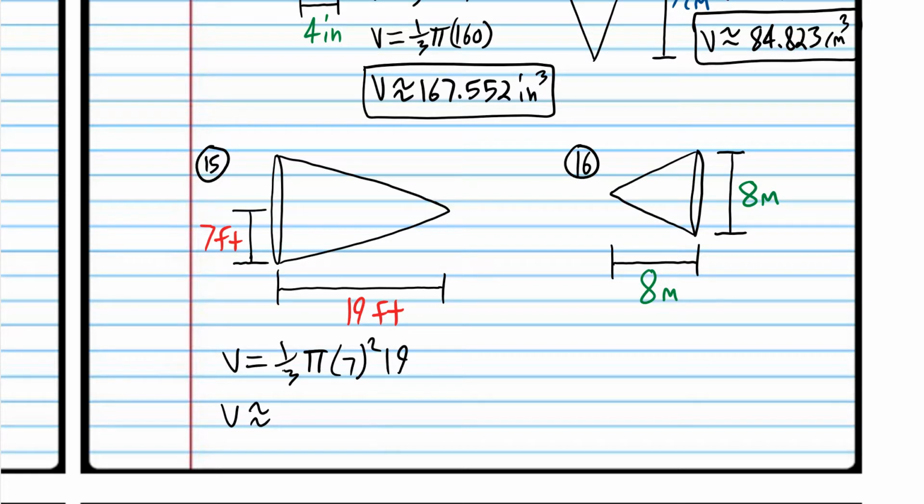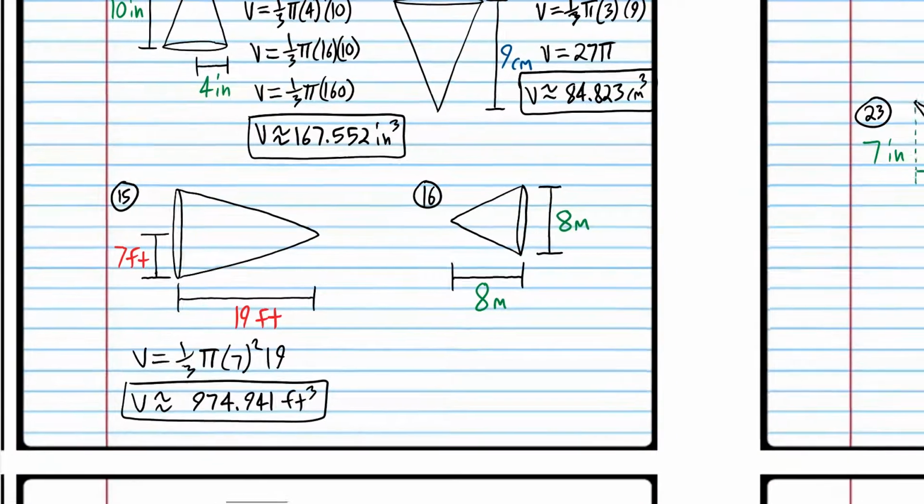So 7 squared is 49, so 49 times 19 equals, then times pi equals, then divided by 3 equals, and we get 974.941.